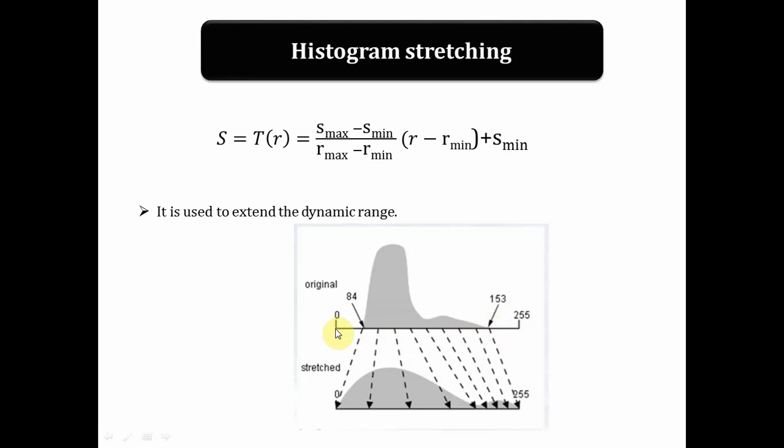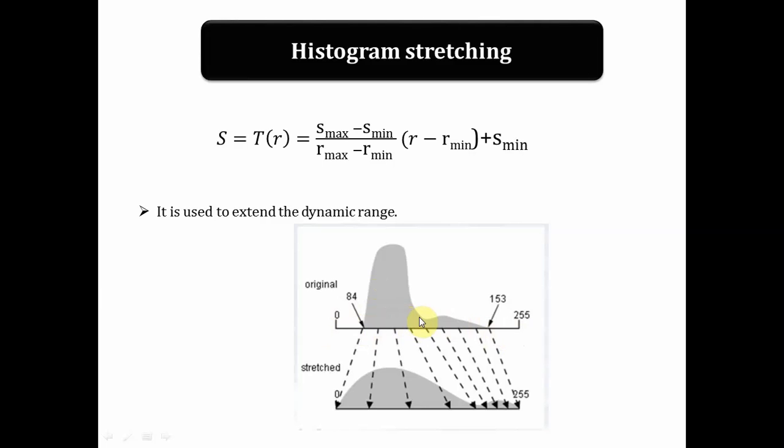It does not start from 0 and end at 255. Whenever I want to start from the minimum and end at L minus 1, I need to stretch this end to this and this end to this, and distribute the pixel values in between 0 and L minus 1.